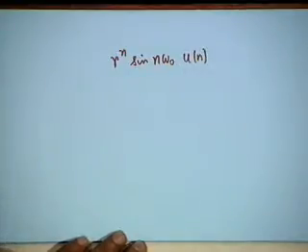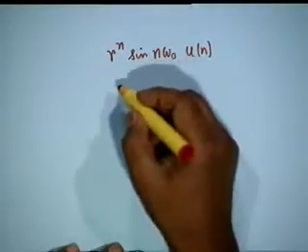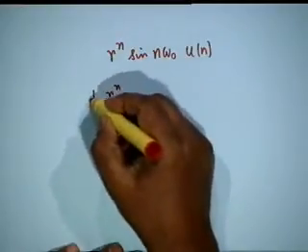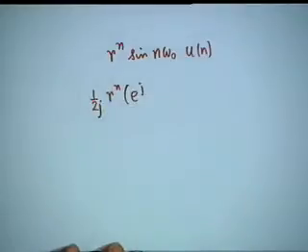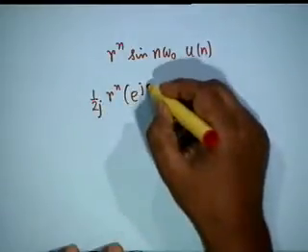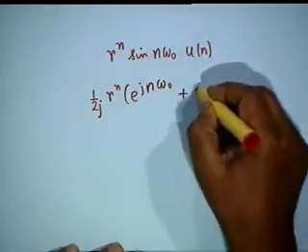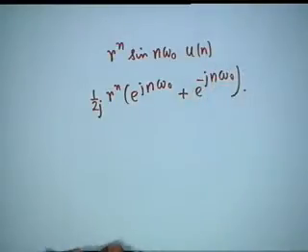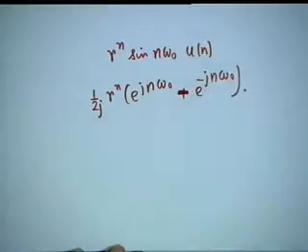Now, if I want to calculate this ab initio, then we write this as r to the n, 1 by 2 j, r to the n, e to the power j n omega 0 plus e to the power minus j n omega 0. That is correct, minus.